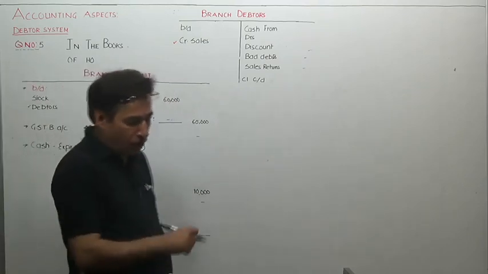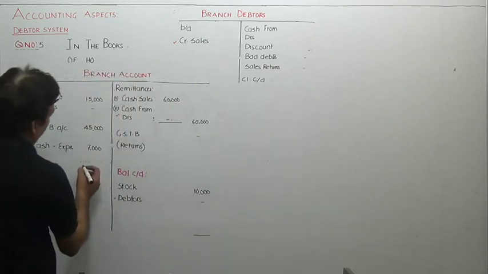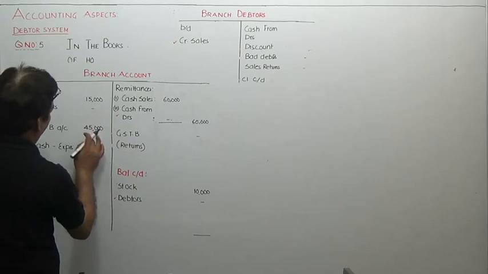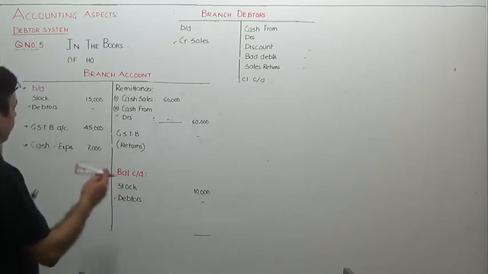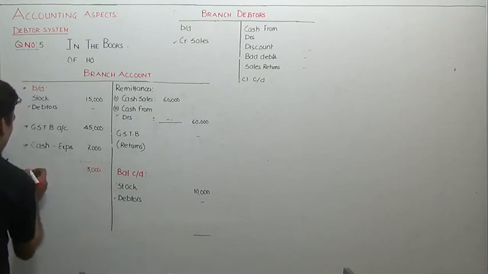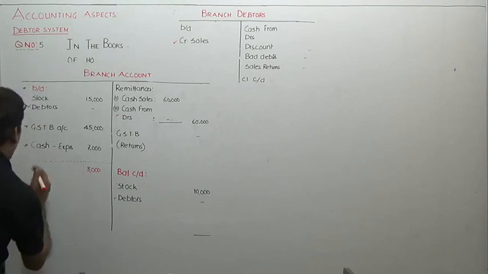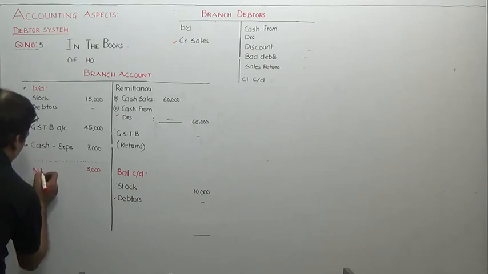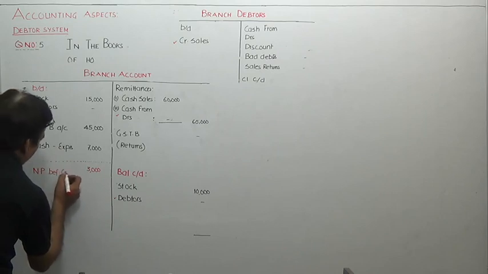After subtracting this, my net profit is 60,000 minus 67,000, so my net profit at this moment is 3,000. This is your net profit before commission.